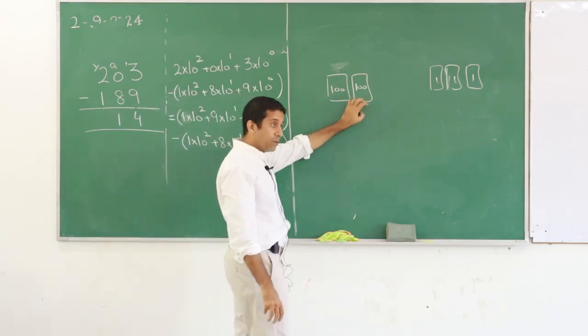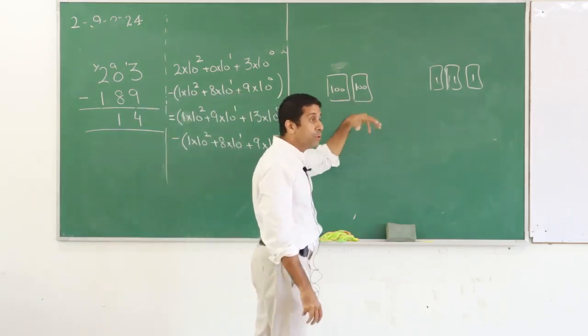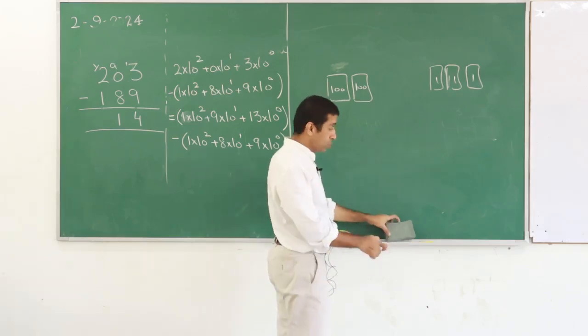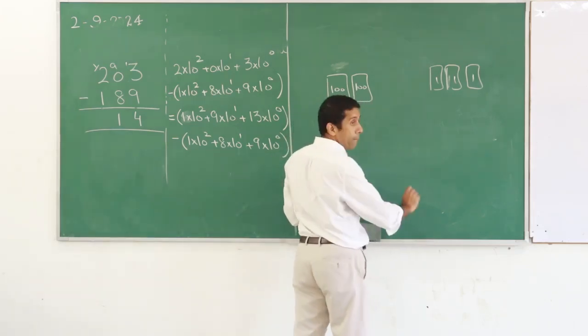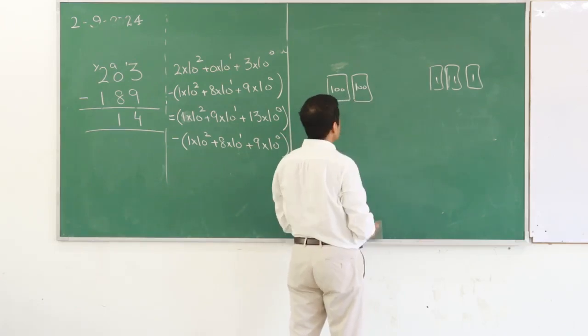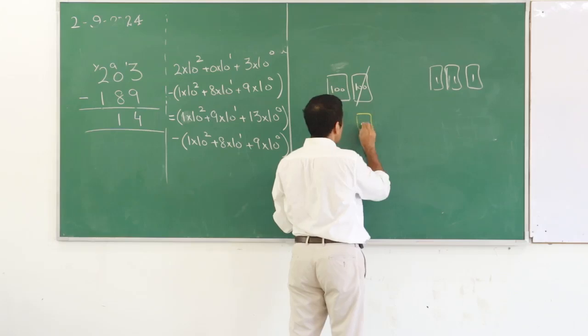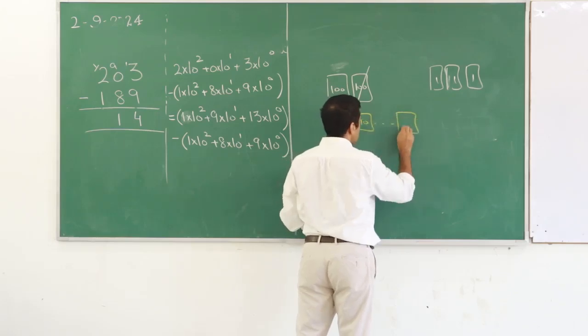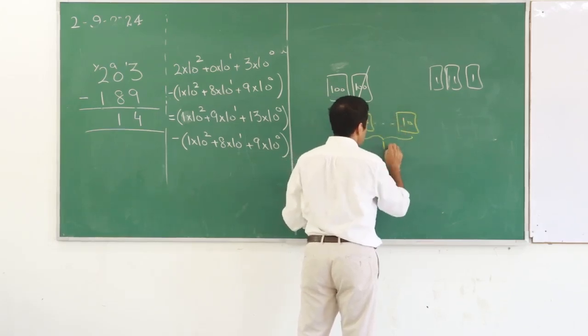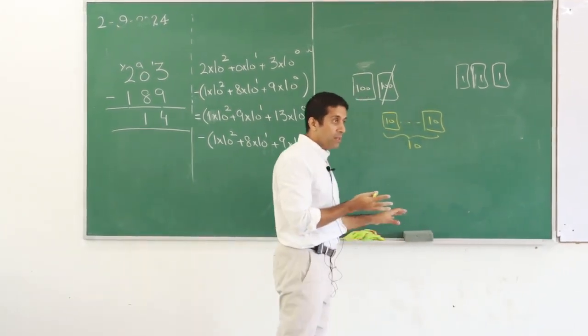We take 100 and break it up into 10 tens. So the 100 is going to disappear, and we're going to put in 10 tens to replace it. You have the same amount of money still.